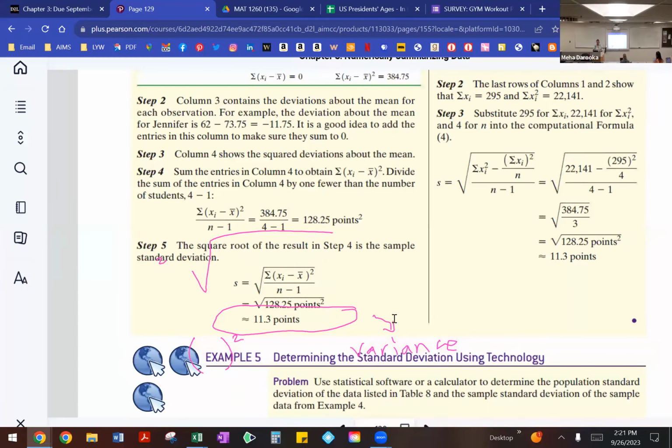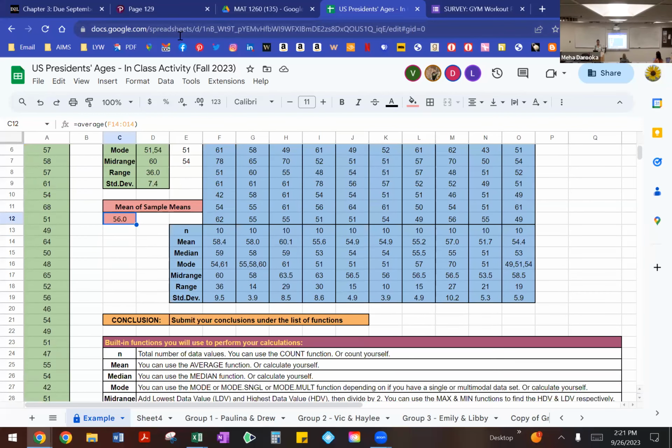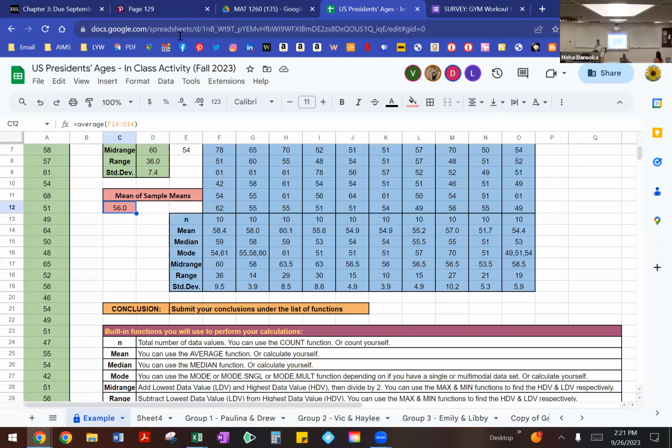Let's say we go back to our table here. You can see we have the standard deviation. If you wanted to calculate the variance, I can add another row and say, okay, I need to know the variance, and the variance will be the square of this number.